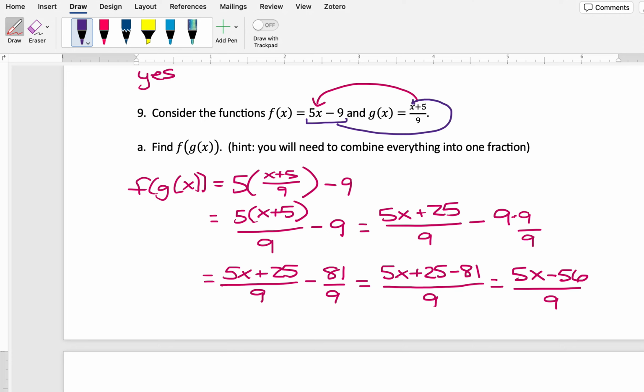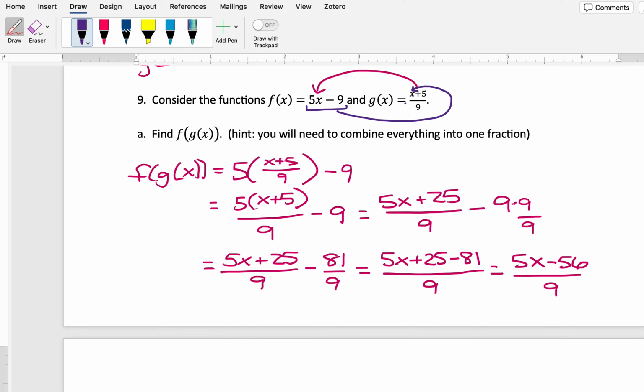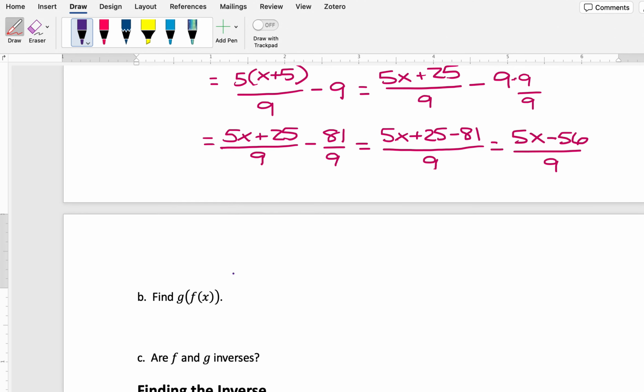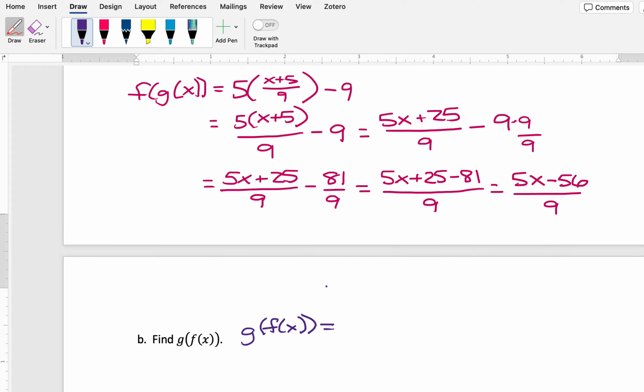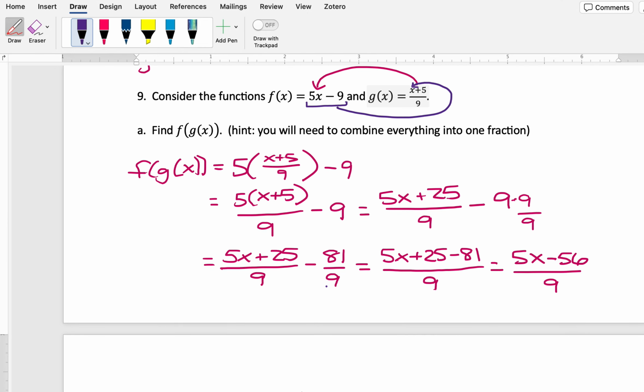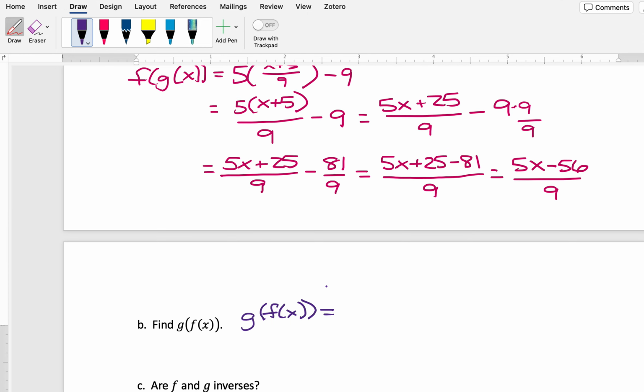So it's going to go in for that x in the numerator of the fraction. So g of f of x equals, and we're going to have 5x minus 9 and then plus 5 over 9.